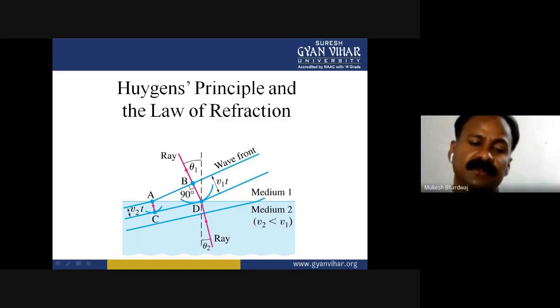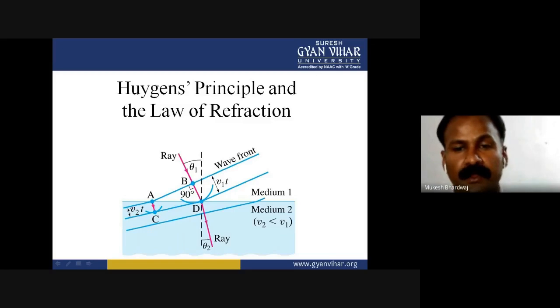The equation of the disturbance produced by these waves at any time is given as E1 equals E naught 1 sine omega t minus kx1 plus phi 1.